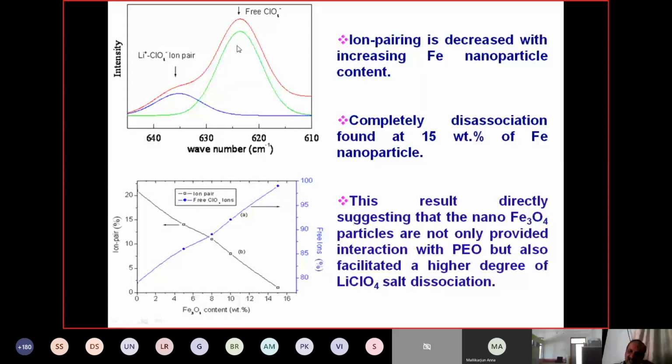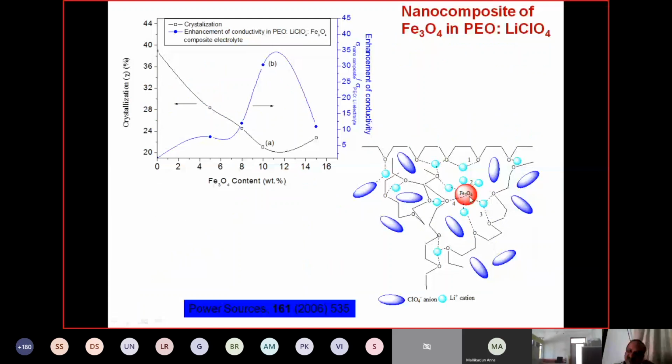The cation is also coordinating with the polymer, and these are ClO4 free ions. So when we incorporate nanoparticles into these polymer electrolytes, it disrupts the structure of the polymer electrolyte and also increases the free ions, which increases the conductivity of the material.